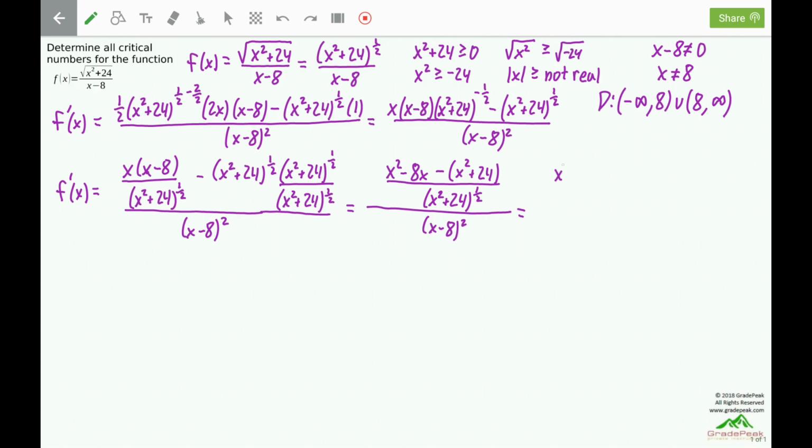So we have x squared minus 8x, and we can distribute the minus sign here, which will be a minus x squared and a minus 24, all over... And 1/2 power can be rewritten as square root.